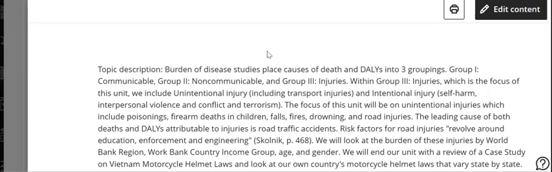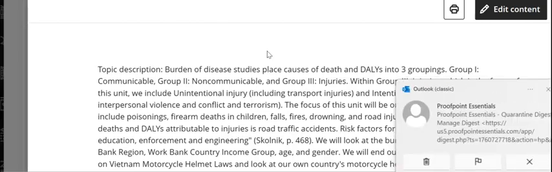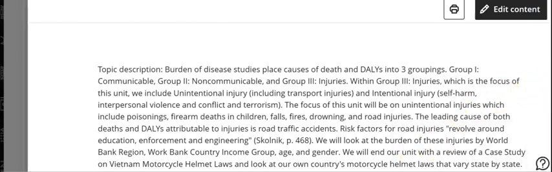injuries. But within this group, we are looking at both unintentional injuries, and that includes what they consider transport injuries, and intentional injuries, which is self-harm, interpersonal violence, along with conflict and terrorism.